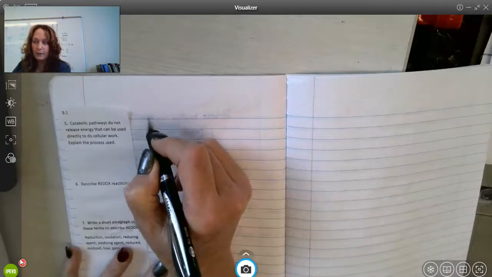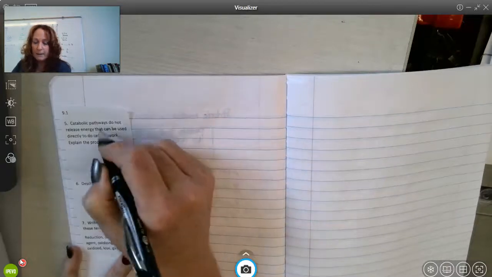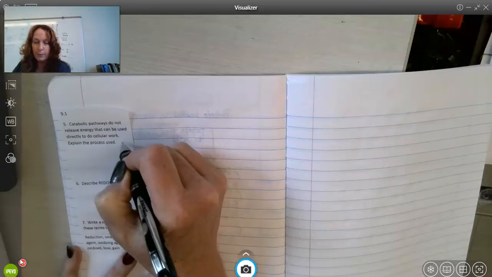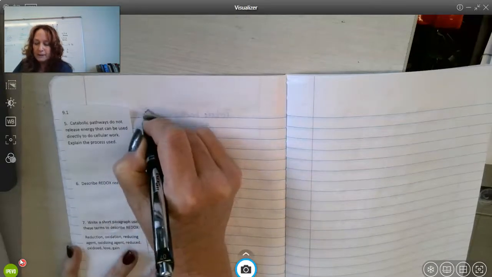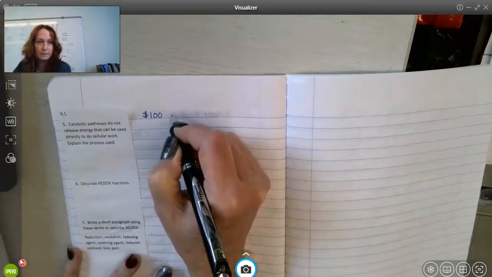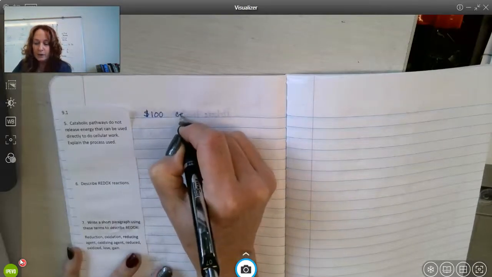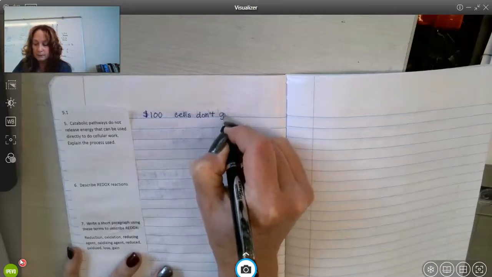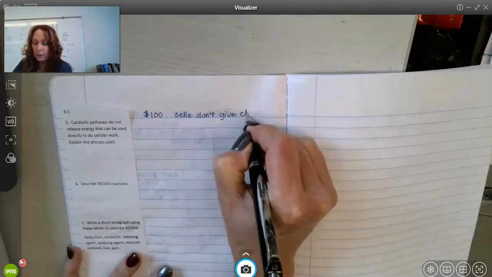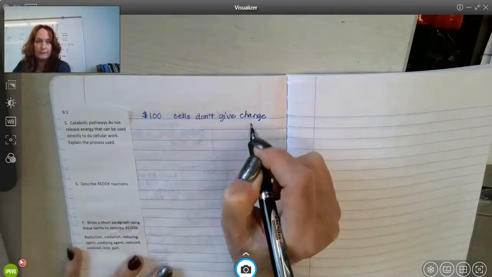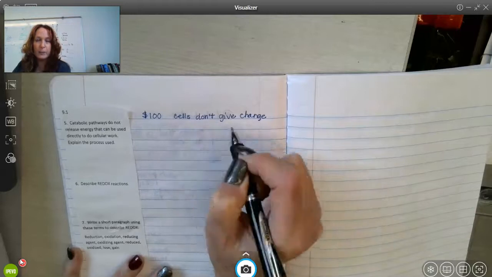If you think about energy as money, often what you're getting from this bond breaking is big bills, something like a $100 bill. And cells don't give change. So it's an all or nothing use of energy, and it has to be in the appropriate amount.